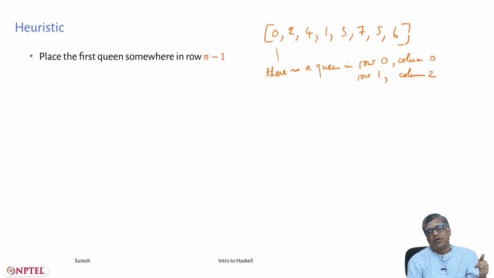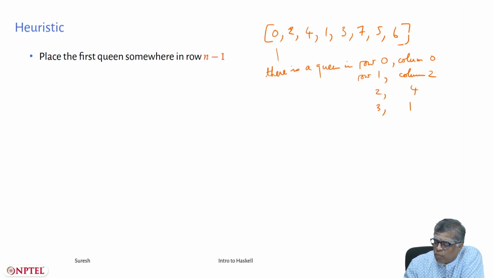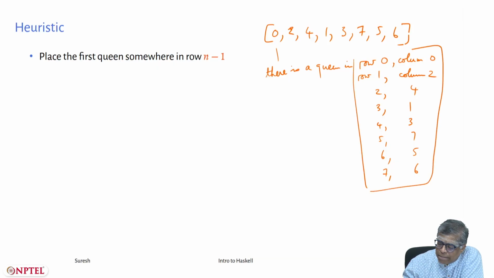If you think of it as an 8 by 8 board, then you have rows numbered 0 to 7 and columns numbered 0 to 7. And there is a queen in row 2, column 4, row 3, column 1, row 4, column 3, row 5, column 7, row 6, column 5, and row 7, column 6. This is what it means.